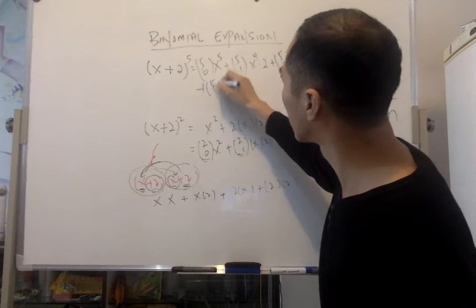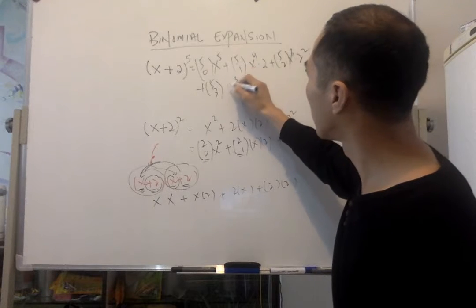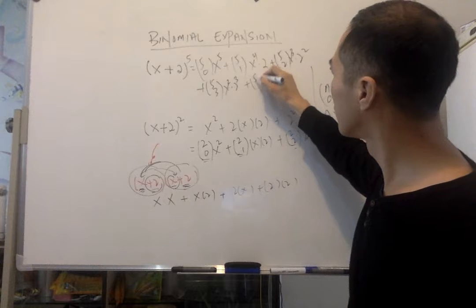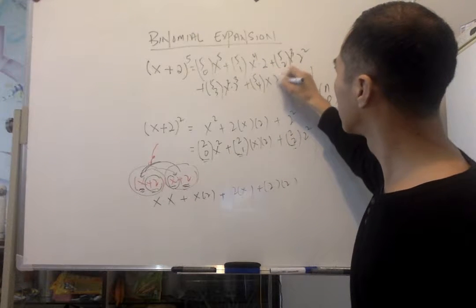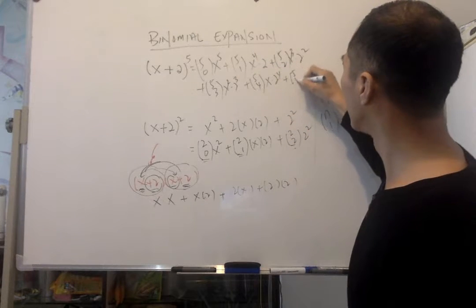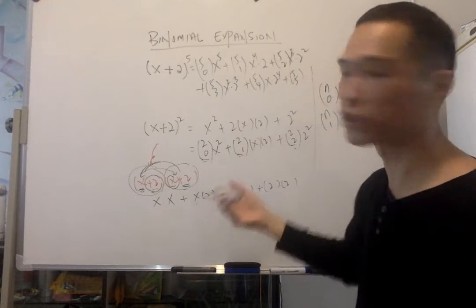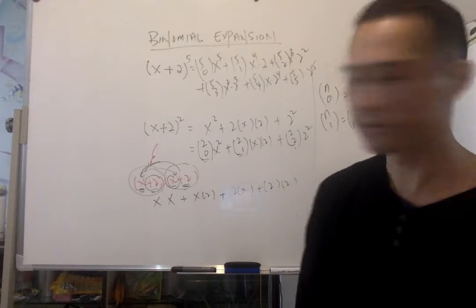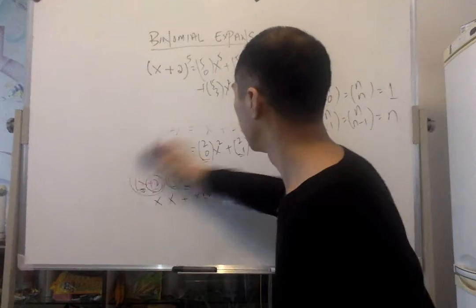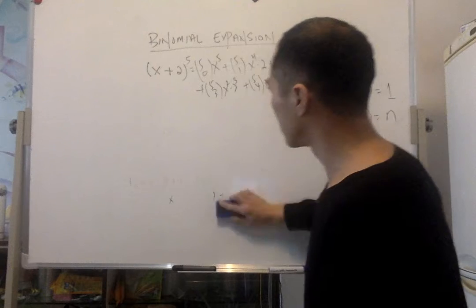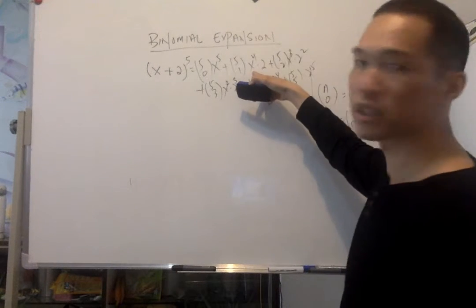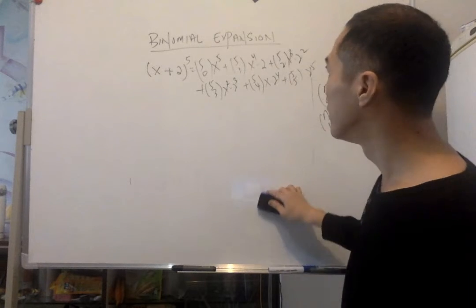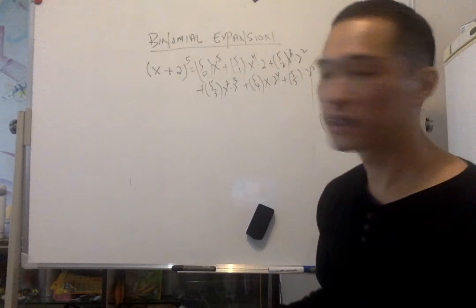After that, I choose three 2s and 2 x's. Then four 2s and 1 x. And lastly, I choose no x, which is x to the 0 power, also equal to 1, and 2 to the 5th power, 5 times. Of course, when you write the terms, I don't write x to the power of 4 in front of the 2. I have to reverse that, with the x at the back and the 2 in front. Here I'm just showing the concept.